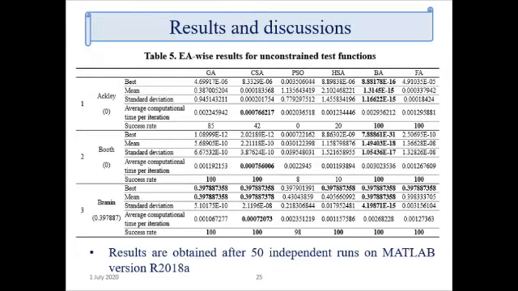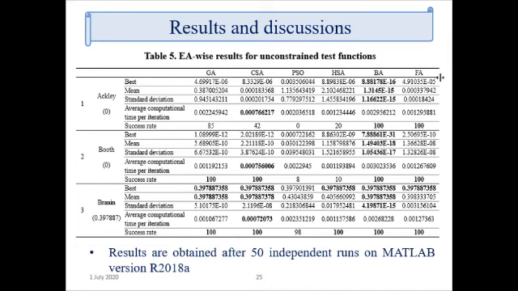Now, keeping in view these performance qualities, the execution is done on MATLAB version 2018a, and 50 independent runs are carried out for each and every test function and for all the algorithms separately.